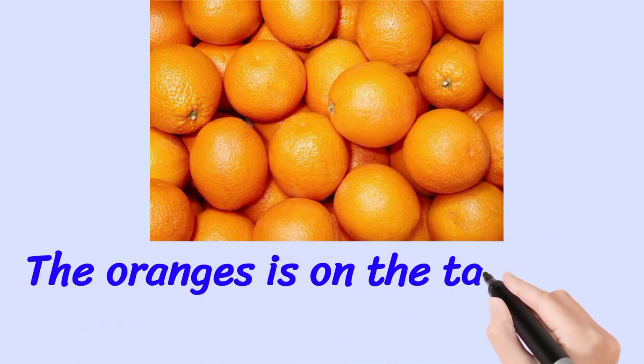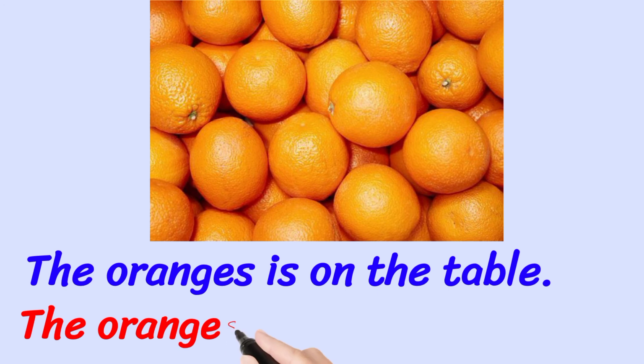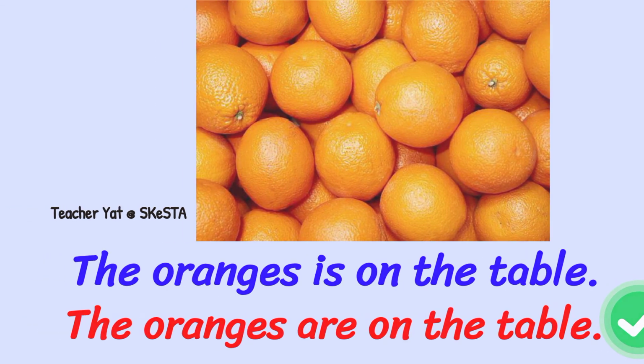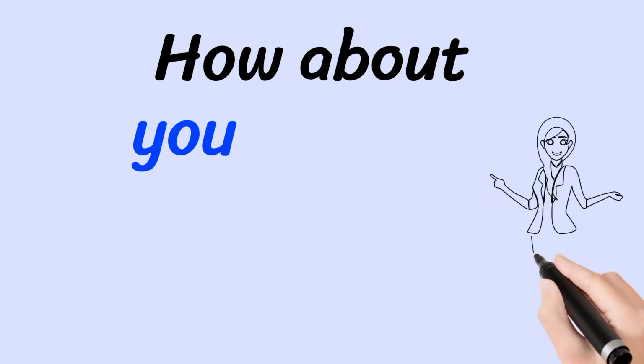The oranges is on the table, or the oranges are on the table. Which subject and verb agree? The oranges is a plural noun, so we need a plural verb, which is are. So the correct sentence is: the oranges are on the table. Now, we know how to match a plural noun and a plural verb in a sentence.